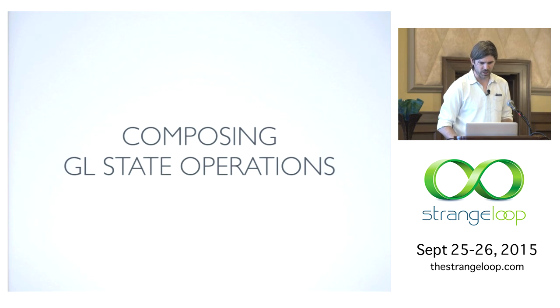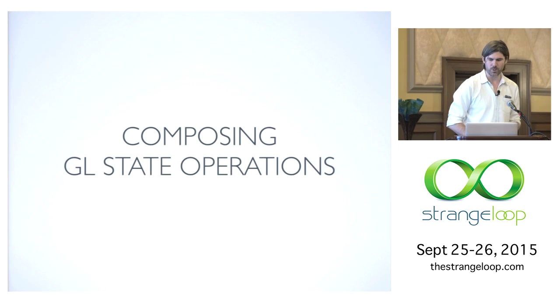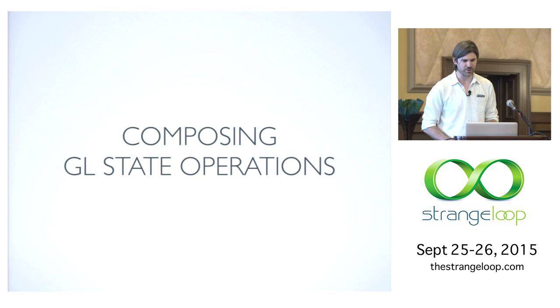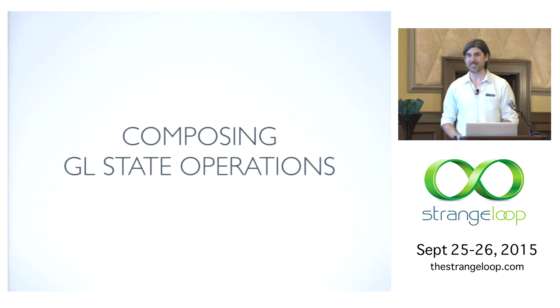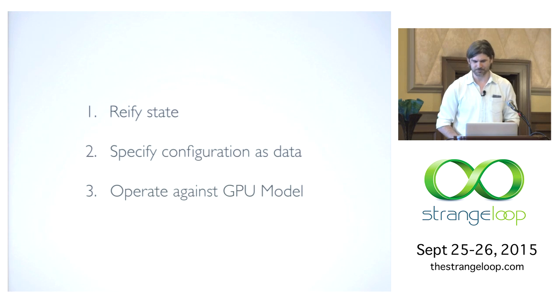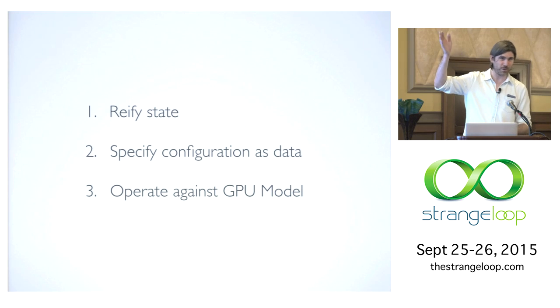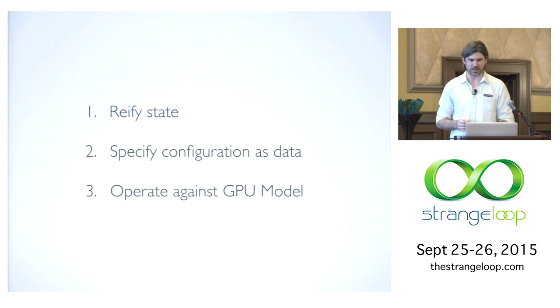So we're in a much better place with respect to shaders now. Somewhat more challenging scenario: composing these state operations. Oh dear, let's do it. So we're going to do 3 moves that basically get us to a better place.